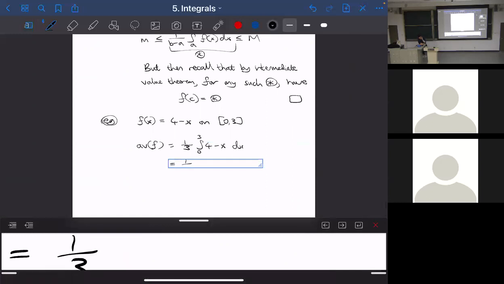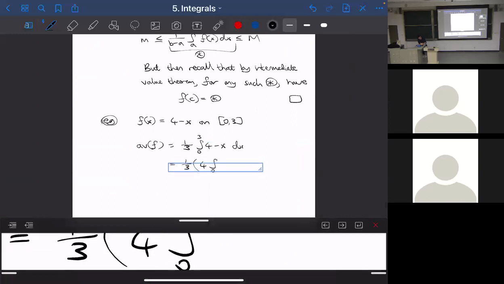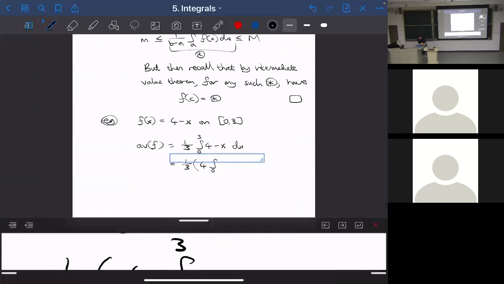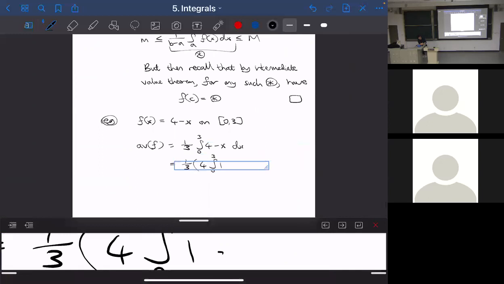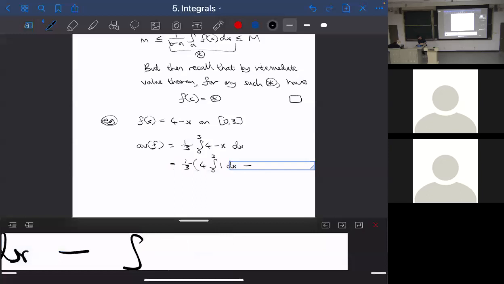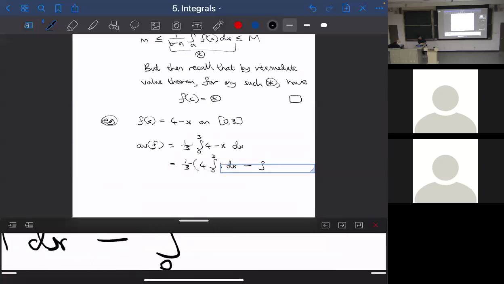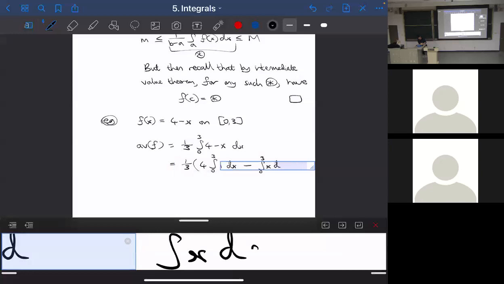So it's 1 over 3 times 4, integral 0 to 3 of 1, minus integral 0 to 3 of x dx.